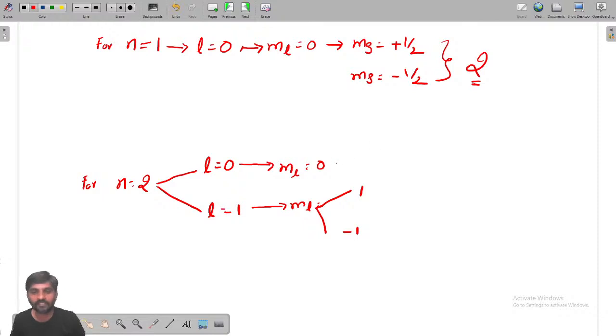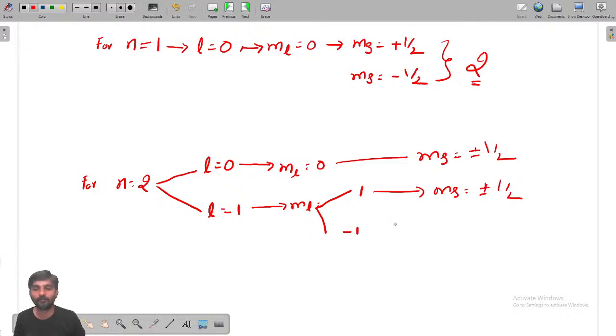For each of these you again have MS, which is plus or minus 1 by 2. So like this, how many electrons do you get? In total you can locate 8 electrons.